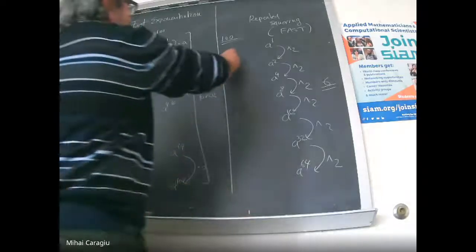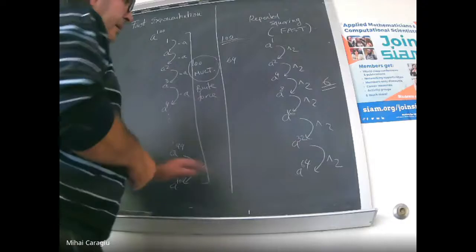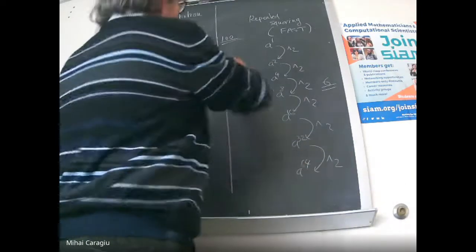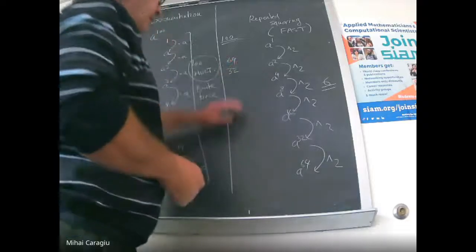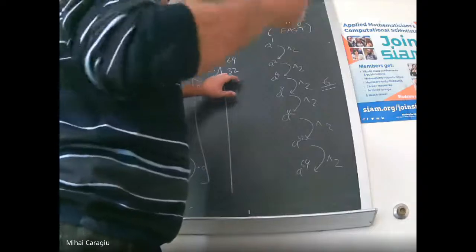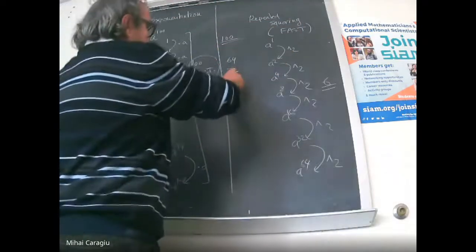So 64. What's left? It's 36. How much can I grab out of 36? 32, right? And what's left is 4. So I already grabbed 64 and 32.